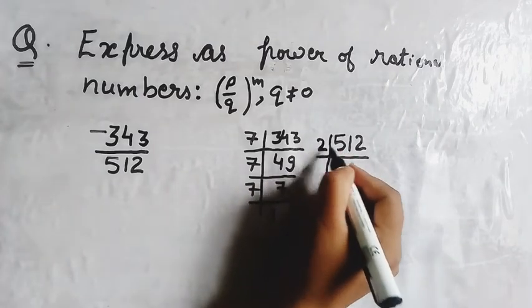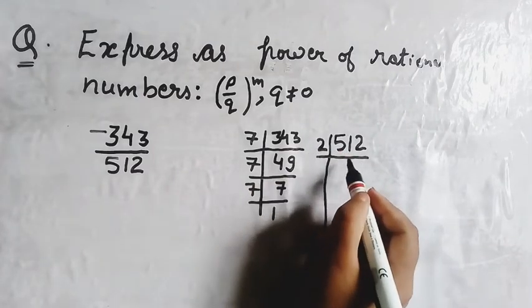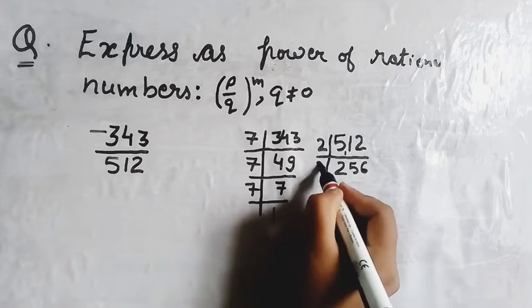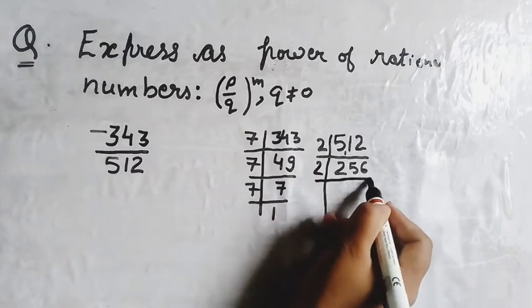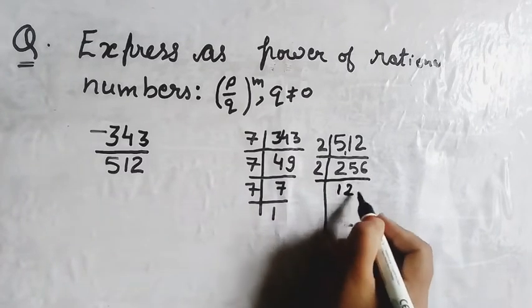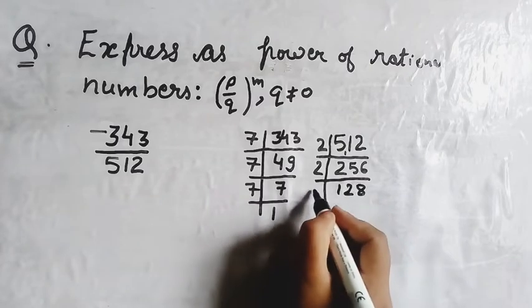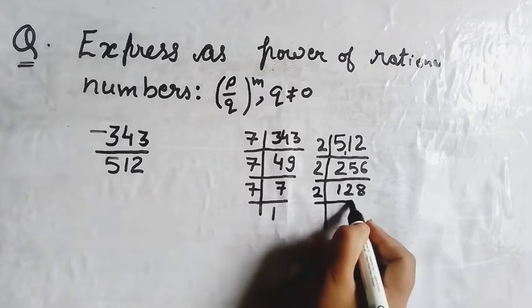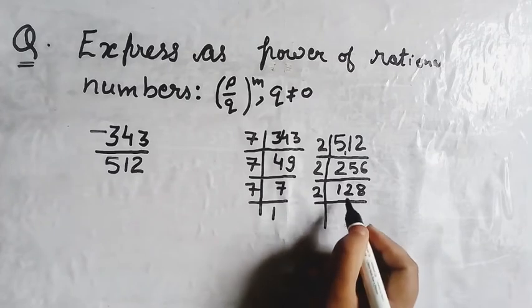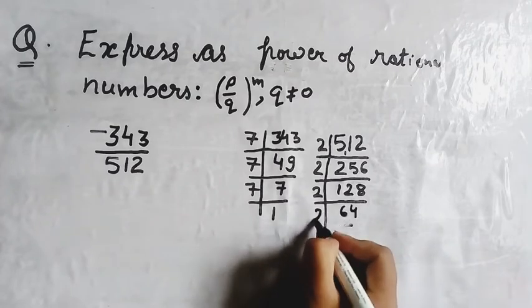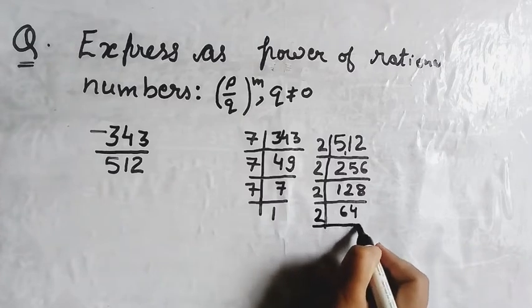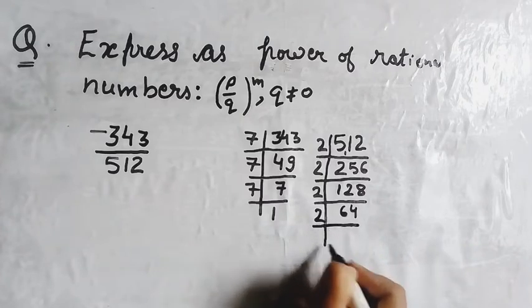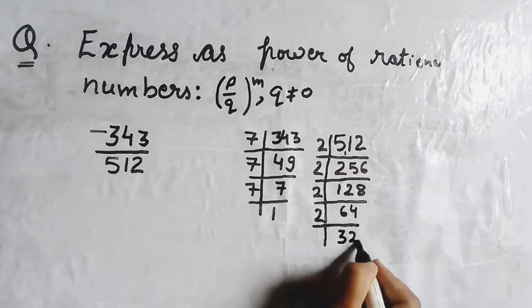by 2, 256, by 2 again 128, by 2 again, 2 6s are 12 and 2 4s are 8, means 64. Then by 2 again, 2 3s are 6, 2 2s are 4, it will be 32.